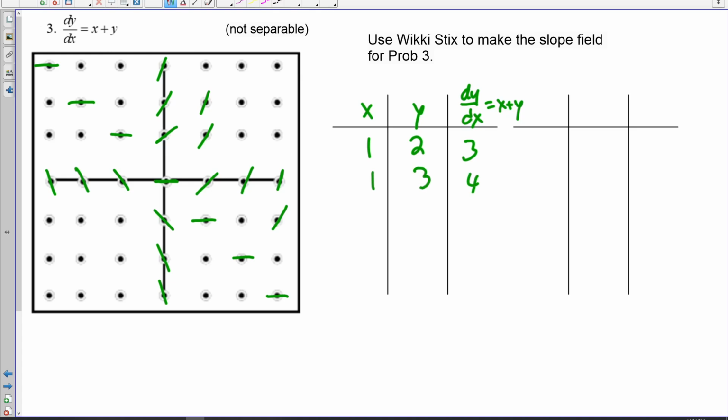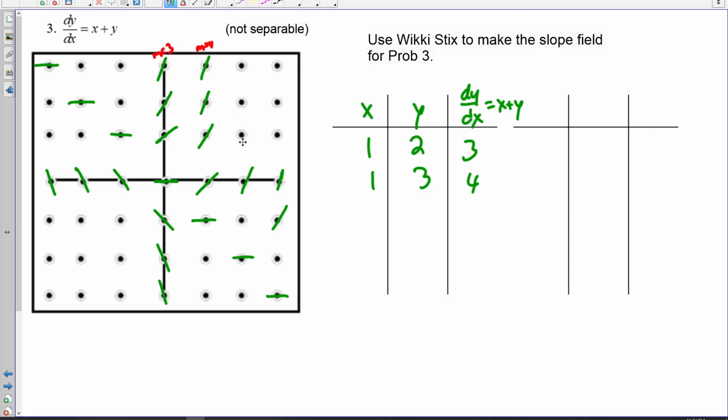So this right here is even steeper. If it had a 4 slope, it'd be pretty steep. So this is a 3 slope, so I'm going to make it a little bit steeper here. That's going to be a 4 slope. Let me just write here. Slope equals 4 here. Slope equals 3 right here.